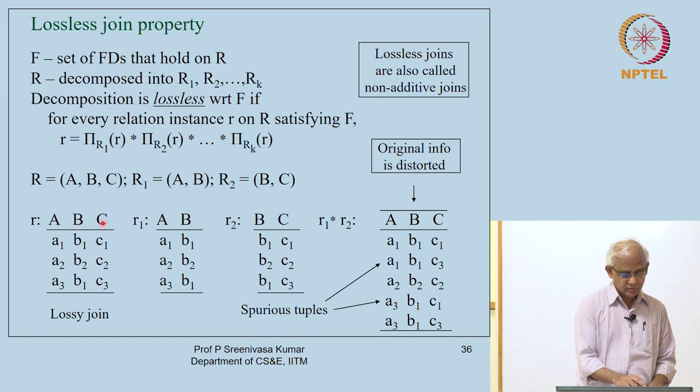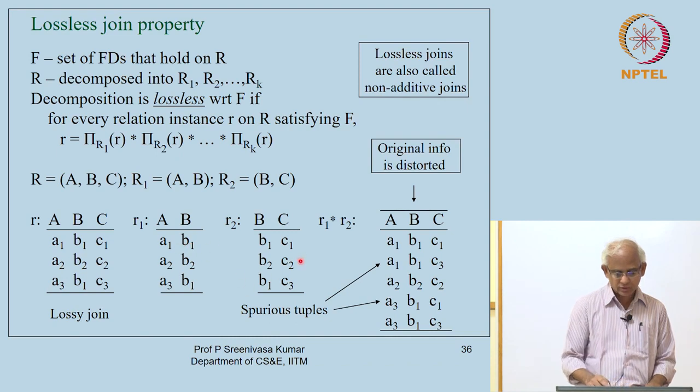B does not determine C, B does not determine A, and because of that, if it has certain values, the other values can be anything, and you can see that when you do a join, you will get some spurious tuples. So, there is some issue involved in this.